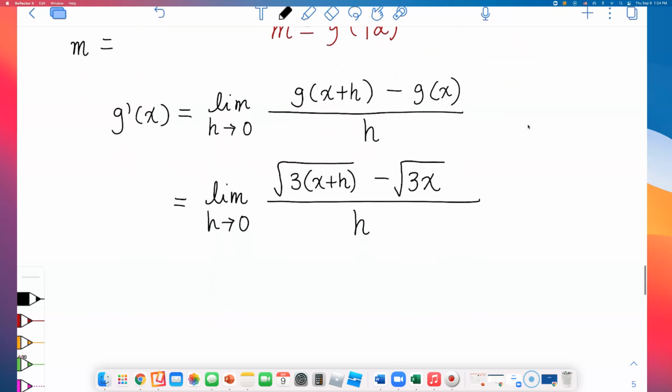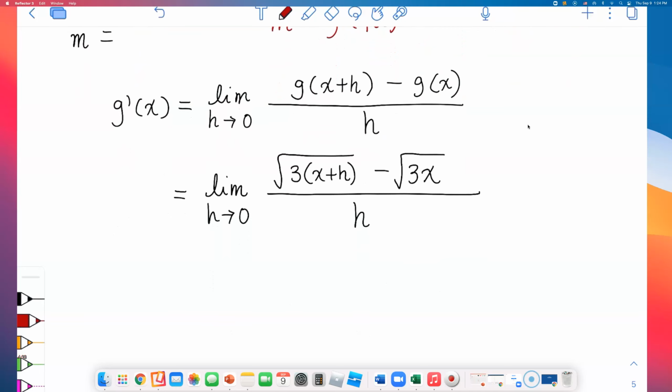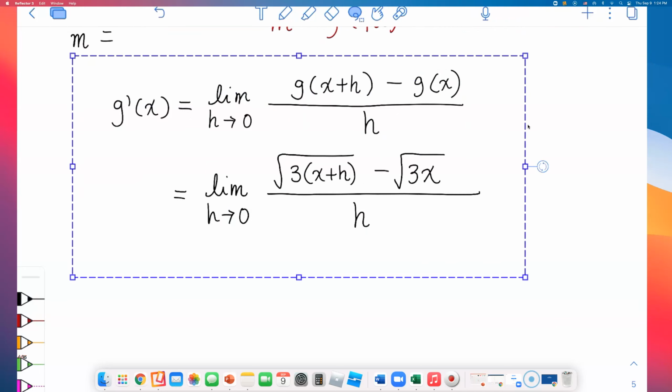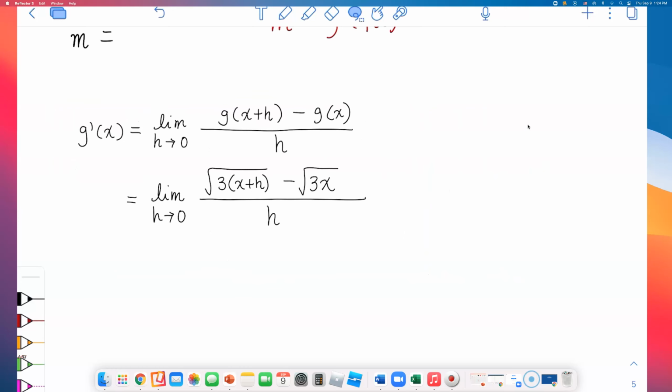If you watched one of the videos from last week, I explained how we can simplify this difference quotient. We are going to use that multiplication pattern, and I'm going to multiply the numerator and the denominator by the conjugate of this numerator. Why do I have to do that? Because if I plug in h as is, the bottom of the fraction will be 0, and we can't do that. That's undefined.